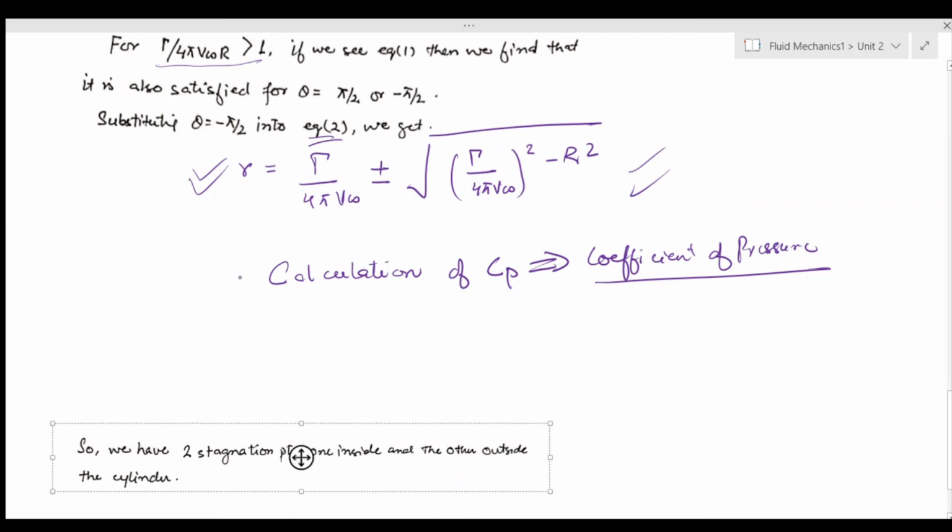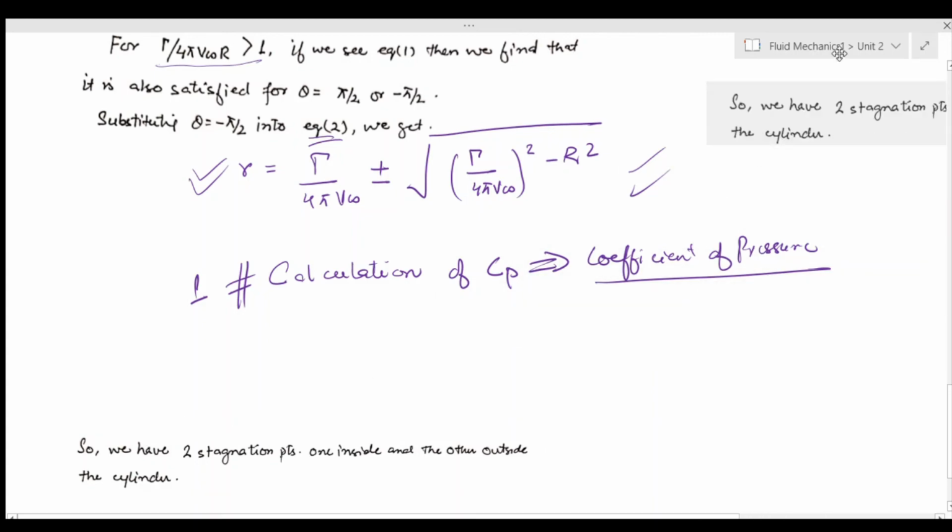So one portion which is left for now, let me put this here, it makes more sense here.